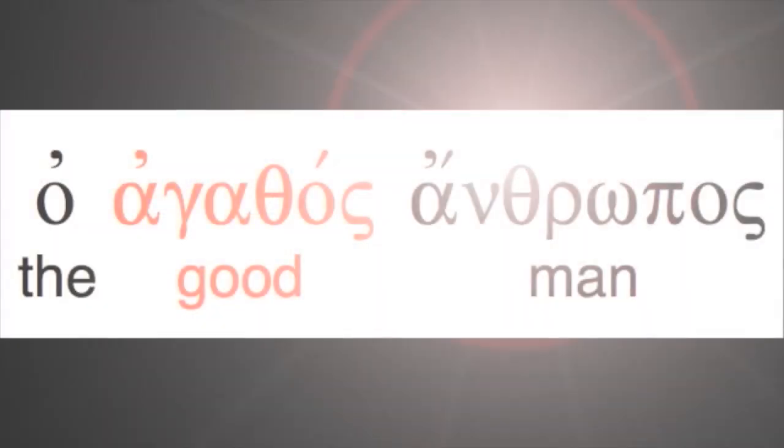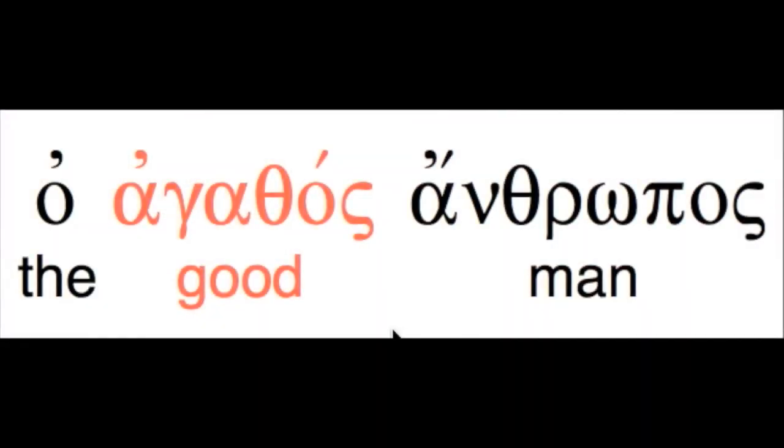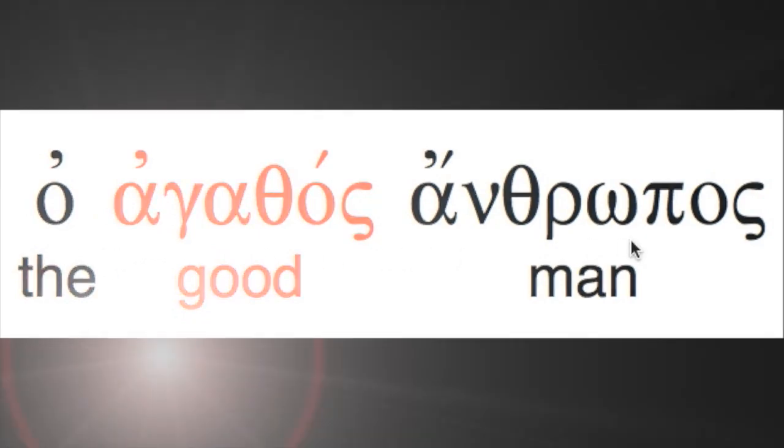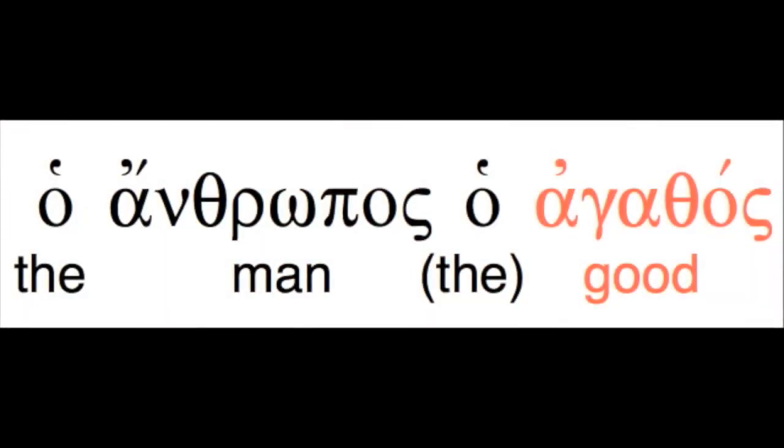God is good. Now, sometimes the Greek word order will be exactly like English, and we will be ever so grateful. We would do article, adjective, noun, right? The good man. Okay, and sometimes that's how it happens in Greek: ho agathos anthropos. But much more commonly, Greeks would do things differently. So, for example, here's a very common pattern: ho anthropos ho agathos.